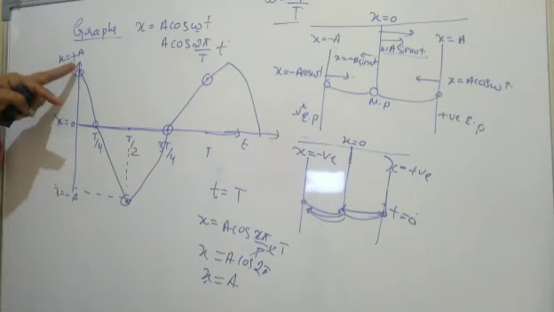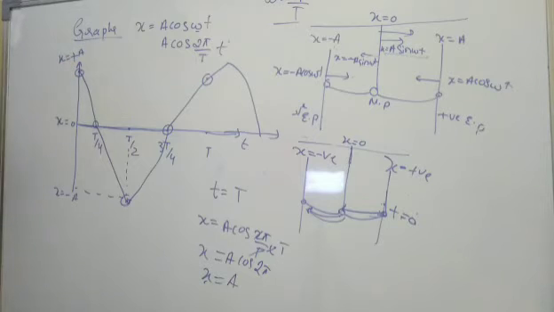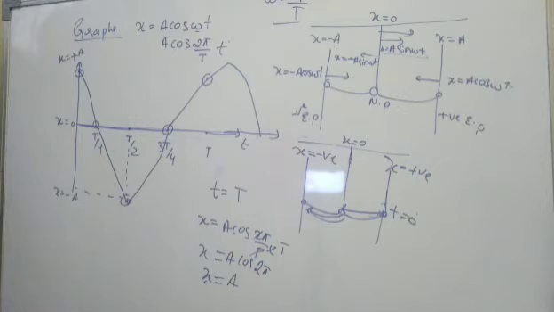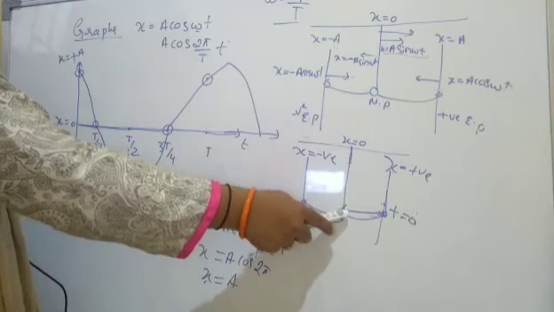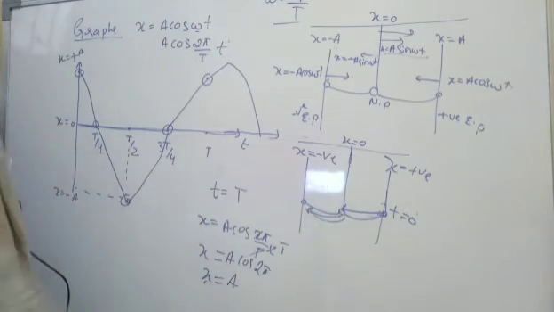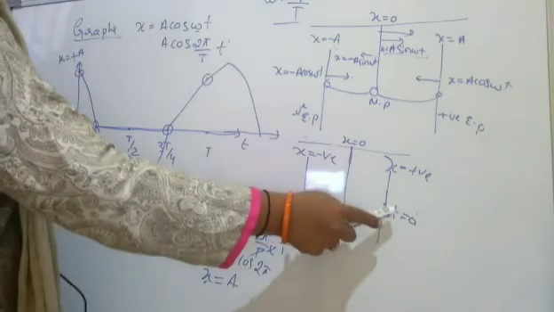Maximum means its velocity is 0 at the extreme position, and the potential energy will be maximum. So x is equal to positive extreme position, from maximum to 0, 0 to negative, negative to mean position, and mean position to extreme.